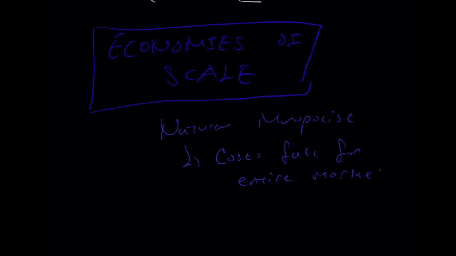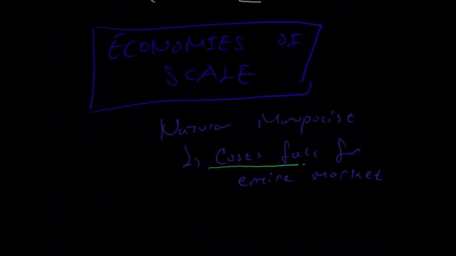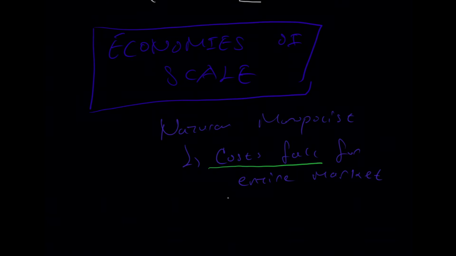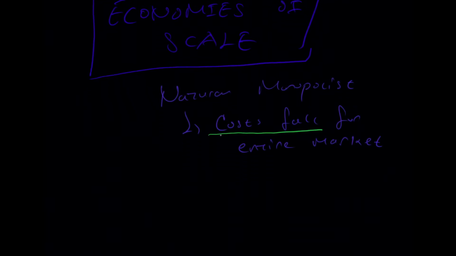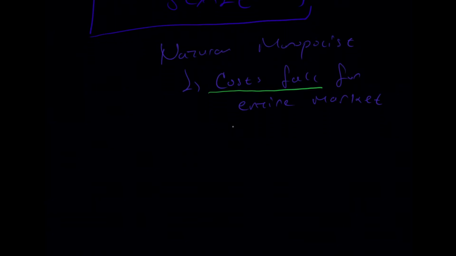That's because the natural monopolist is able to provide for the entire market. The costs fall for the entire market because the natural monopolist can continue to exploit economies of scale. And that is why the natural monopolist exists, because it can continue exploiting economies of scale without encountering diseconomies of scale.